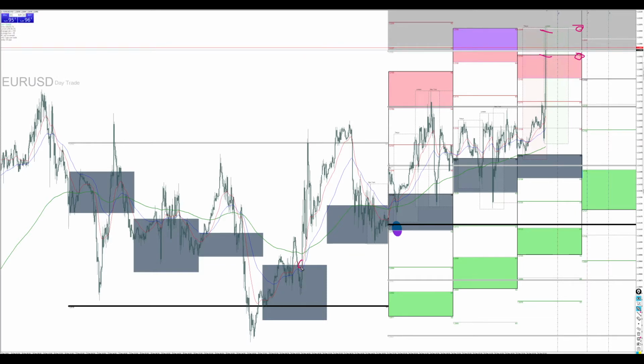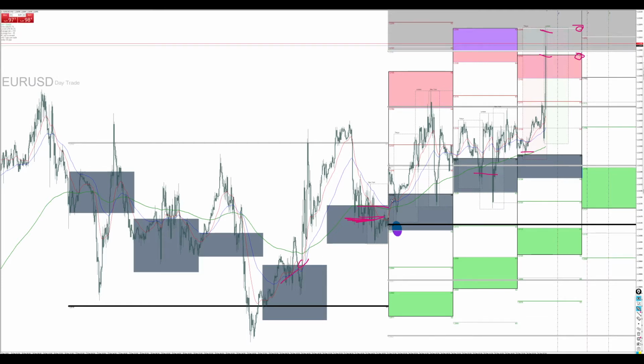I mean, I was in here, right? I was in here. I was in here. Yeah, Thursday and Friday. And then we had the bounce, and then we had this, and then we had this, and then we had this, right? So I mean, we were all fully loaded on this.